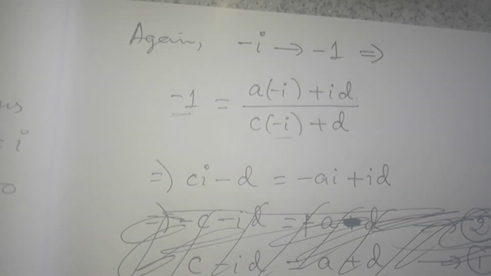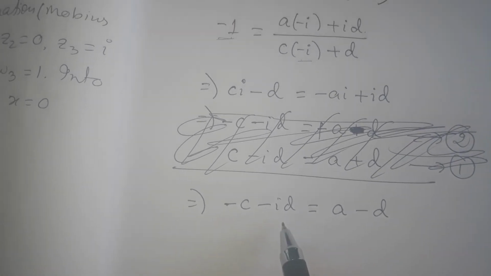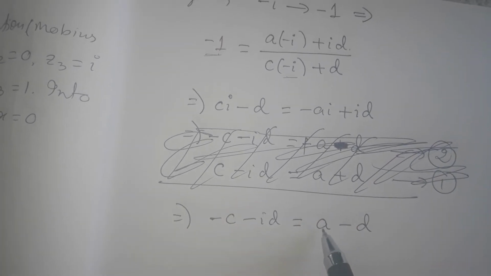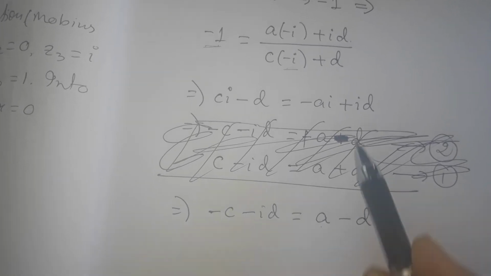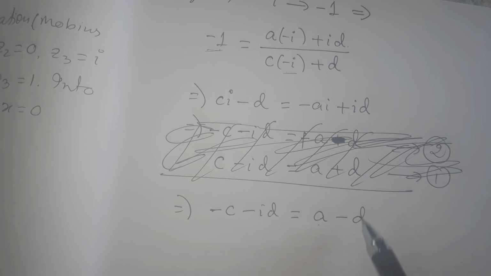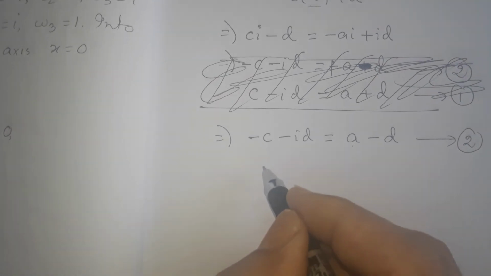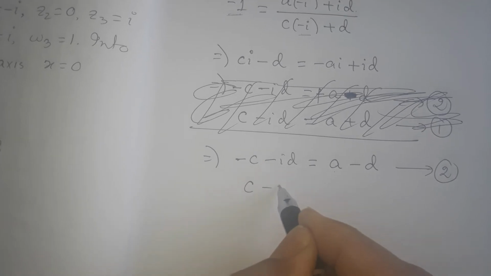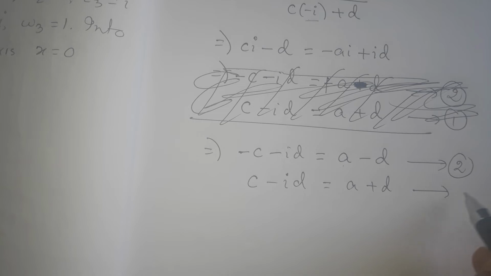If I multiply by minus i, you will see that this is minus c minus id, and this is, because it is multiplied by i, a, and this is minus d. So let this be equation 2. And equation 1 was this.